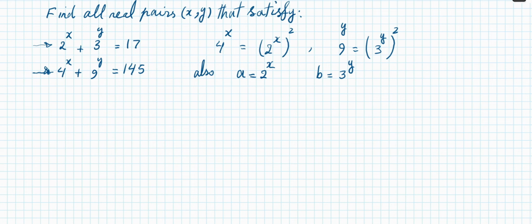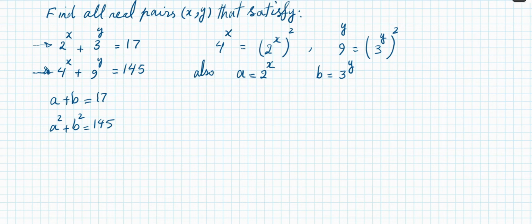So we rewrite these two equations now in terms of a plus b is 17, and the second equation now is a squared plus b squared is 145.